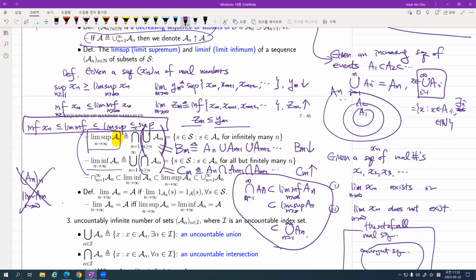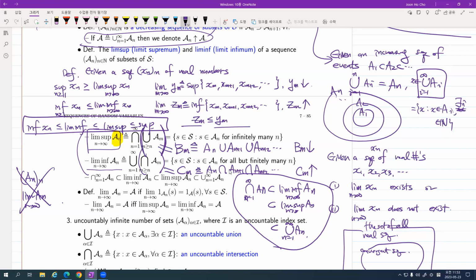Similarly, we define the notion of the limit of a sequence of subsets. How? We define the lim sup of a sequence of events and the lim inf of the sequence of events. If they are the same, we call that the limit of a sequence of events. Got it?